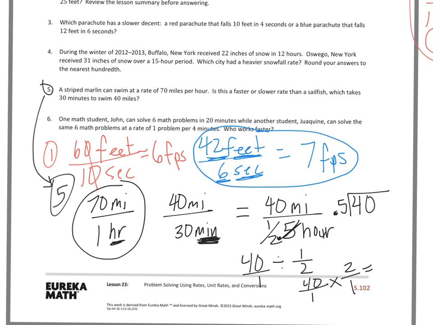I'm going to invert that. So I got 80 over 1, which is 80. And then I have miles per hour. And now that I'm looking back at this, I could have easily taken 30 minutes and said, well, if I double that, I'll get 60 minutes, which is 1 hour. And if I double my 30 minutes, I double this.